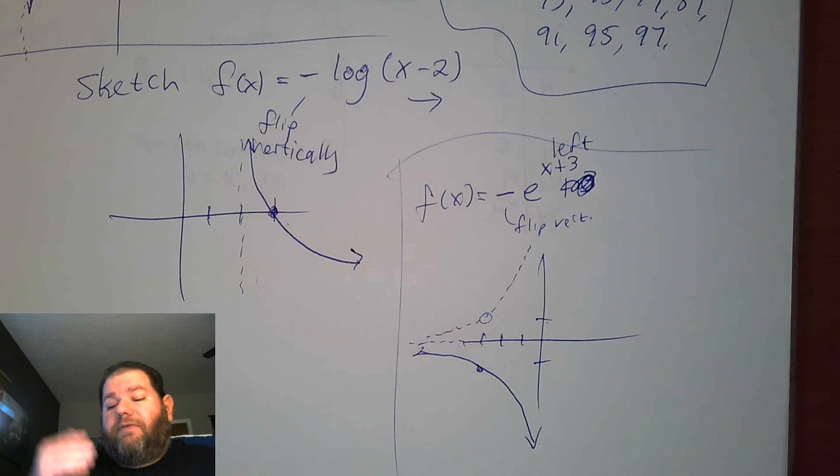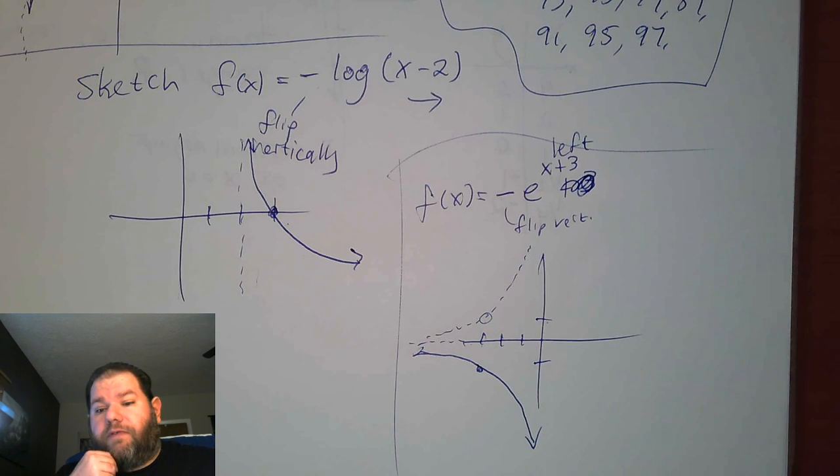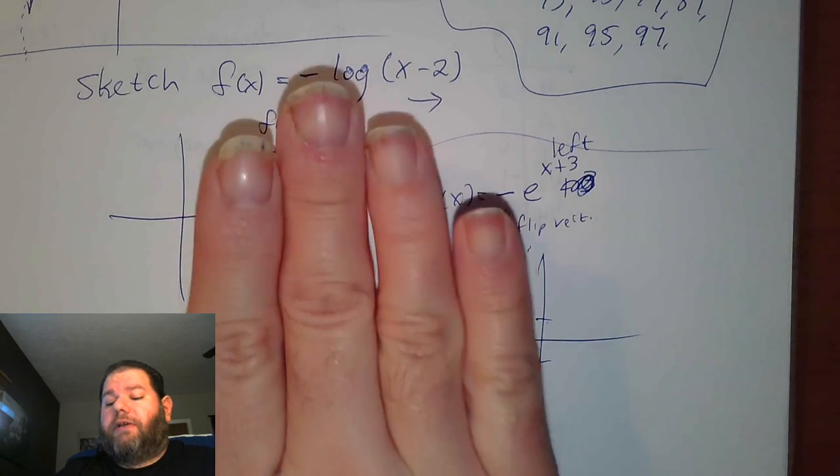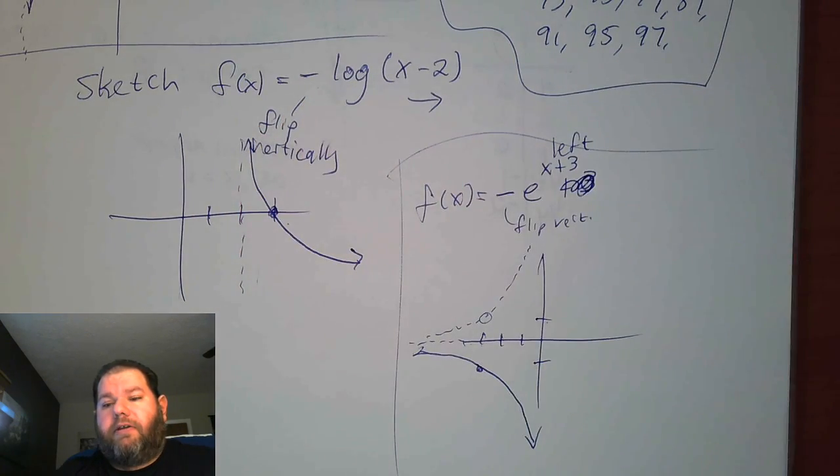When we take something from the top half and put it down in the bottom half, we call that a vertical reflection. A horizontal reflection would be from the left side to the right side. Yeah, that would be a good way of saying that, Brock.